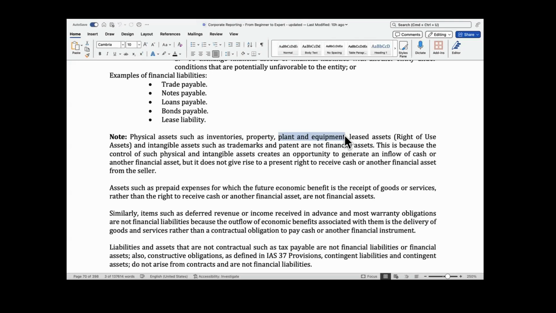When we say something is a financial asset, it means you don't have to work. It's just like you lend somebody money or you sold on credit. What do you have to do again? No, you have the right to cash. You have done the work. Shares in Zenith, MTN, you don't have to work. Or you have cash in the bank, you don't have to work. The rich are rich because they have financial assets.